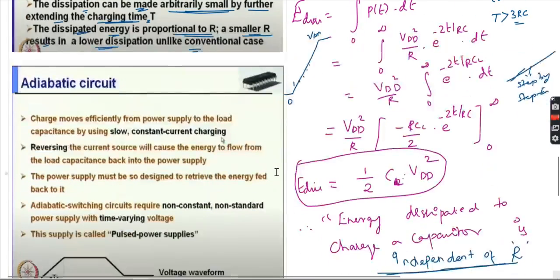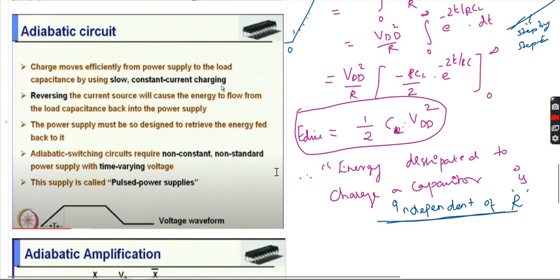So what observations can we make in the adiabatic circuits here? In adiabatic circuits, charge moves efficiently from the power supply to the load capacitance by using a slow and constant current charging.